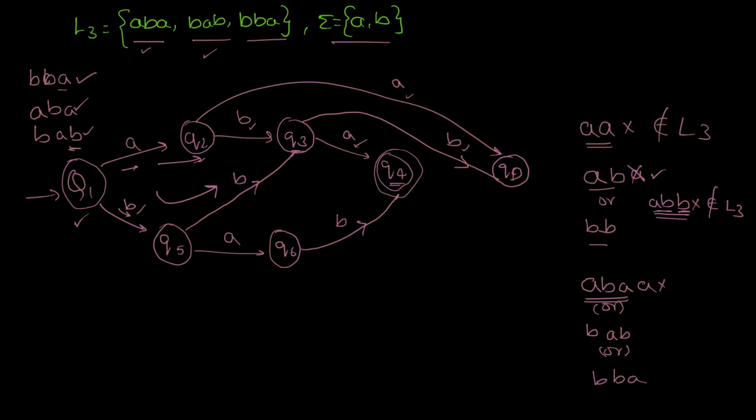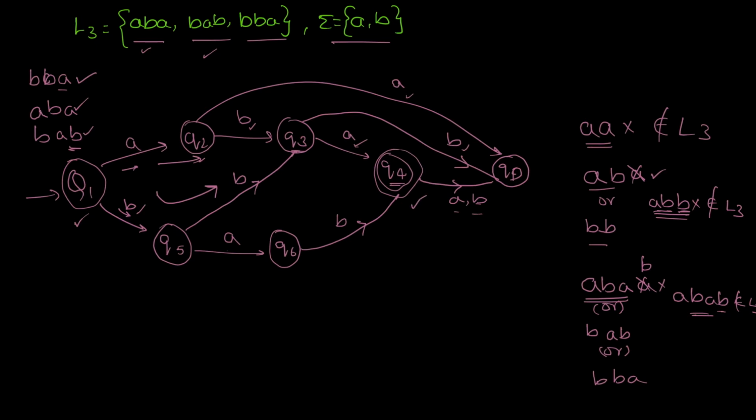So from Q4 on seeing A, we go to the dead state. If we see B instead of A here, that is ABAB, which is not in our language, we need to reject this string. So if we see B from Q4, we go to the dead state. Now Q4 has transitions over A and B, so Q4 is complete.